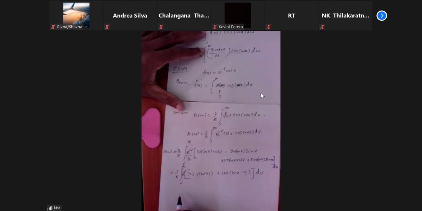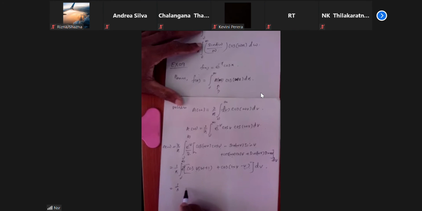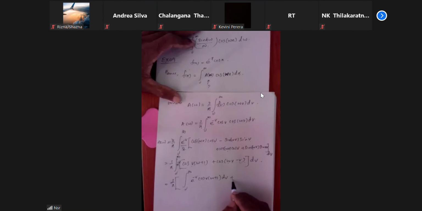Then you have the two terms, two integrals here: 1 over 2 into the integral from 0 to infinity e to the power minus v cos v omega plus 1 dv, plus the integral from 0 to plus infinity e to the power minus v cos v omega minus 1 dv.